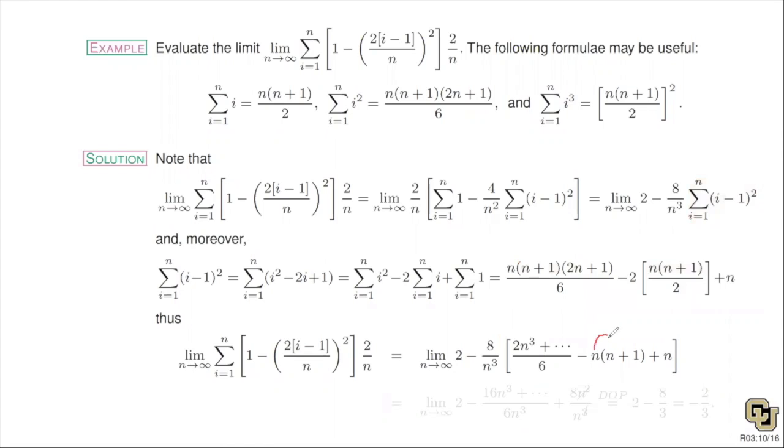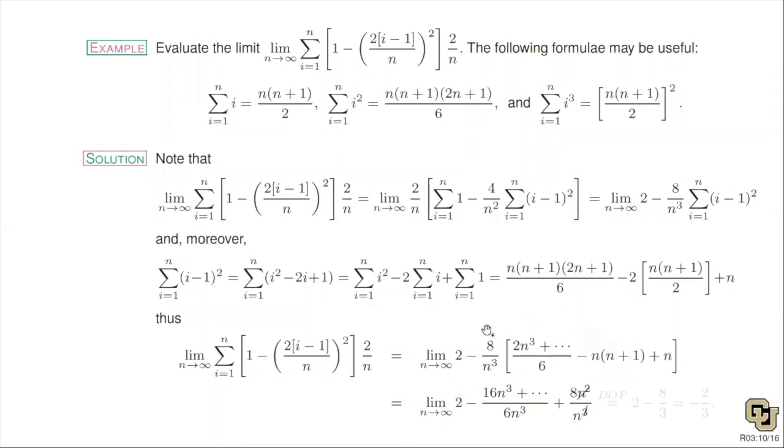And here now, if you distribute this negative n, look, negative n times plus 1 is a minus n, and there's a plus n, so these terms cancel completely. We just have a negative n squared. Now I distribute the negative 8 over n cubed. Remember, the 2 is just a 2. It never changes.